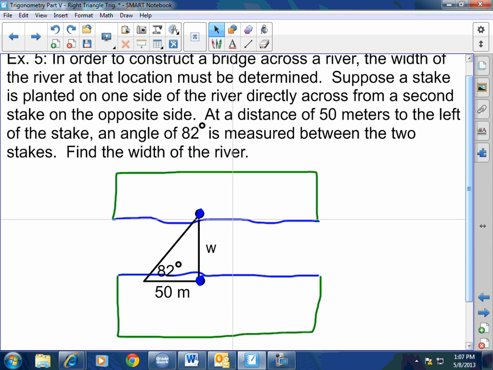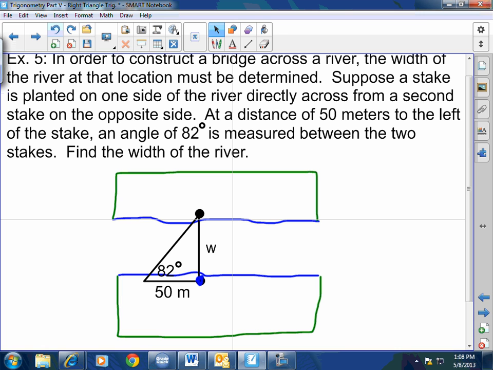An angle of 82 degrees is measured between the 2 stakes. Find the width of the river. This is real life, guys. I can walk this distance out. Using a special tripod, I can calculate that angle. I can do all of that by hand. Any one of us can do that.